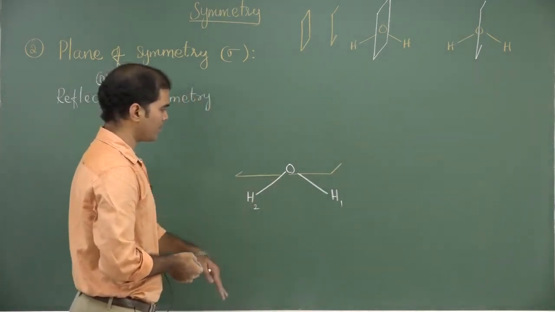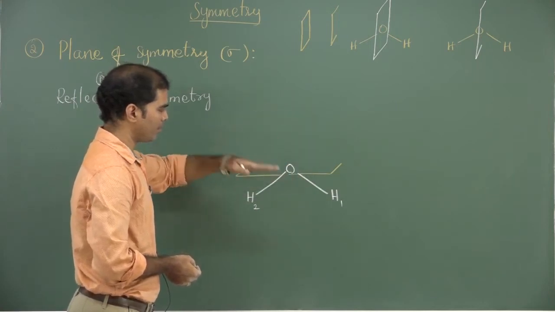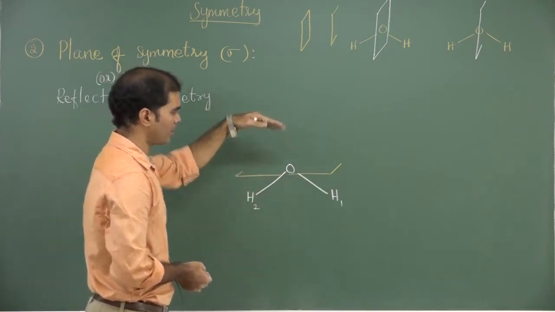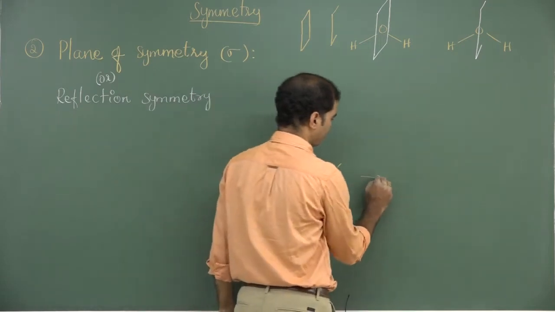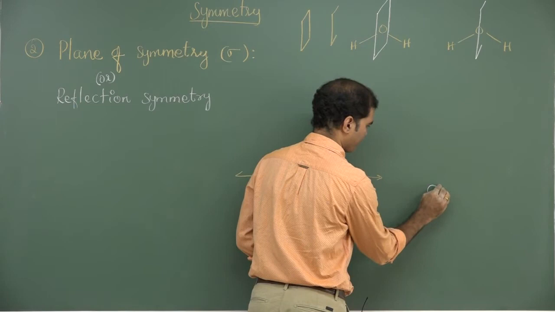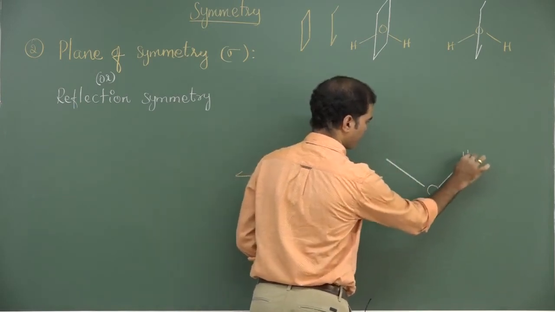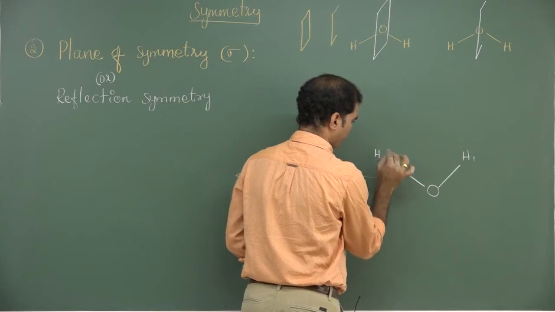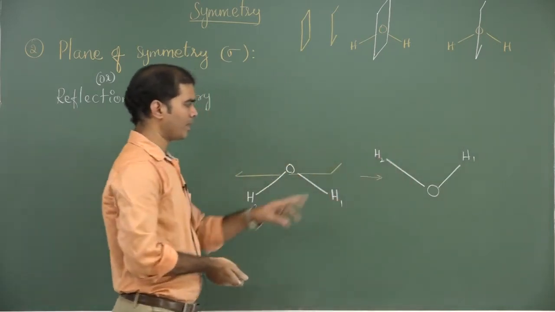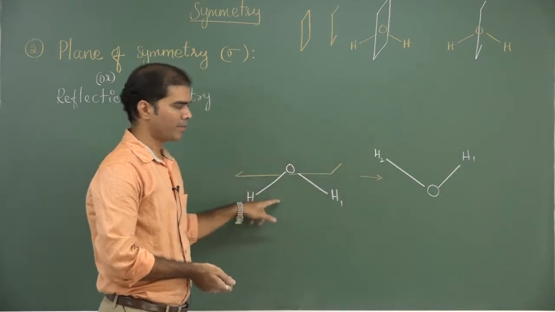So once I pass this plane, that reflection will be this way. Below half will reflect in the above half. Then whatever structure that we get, we have to compare it with the original one. Is it equivalent or not? We have to check.